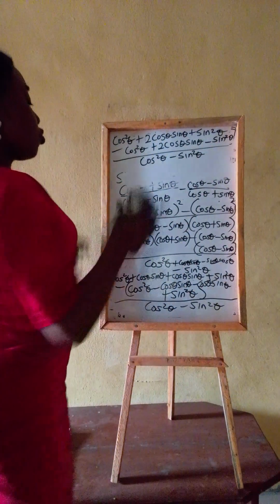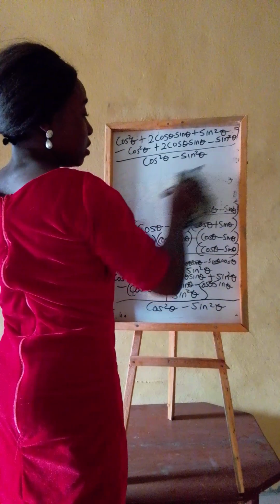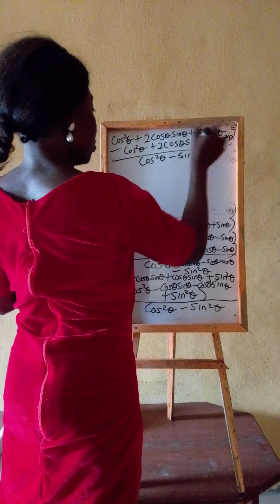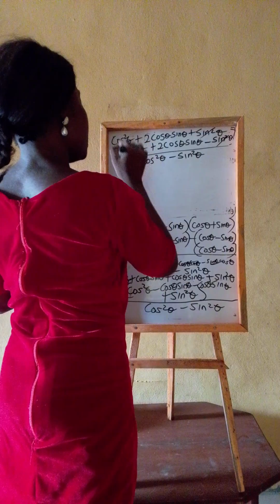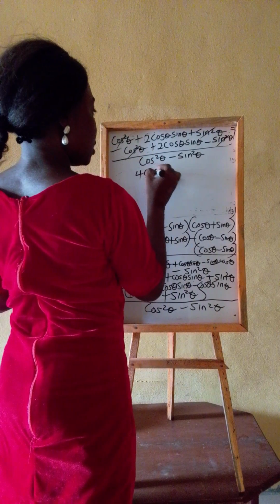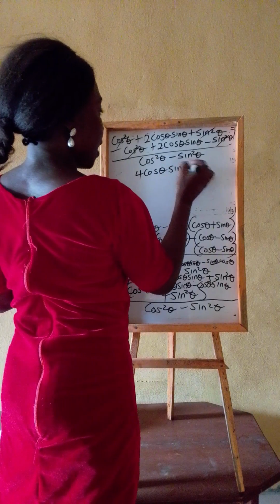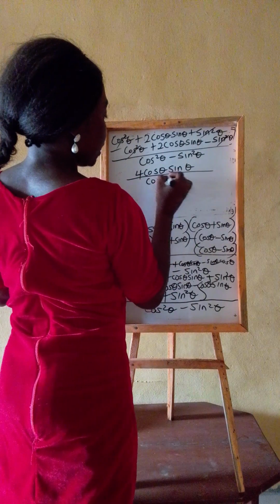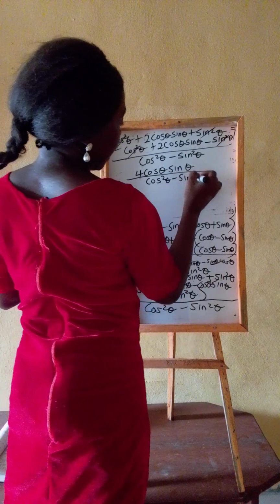So the next thing to do is this cancels this, this cancels this. So we have 4 cos theta sin theta over cos square theta minus sin square theta.